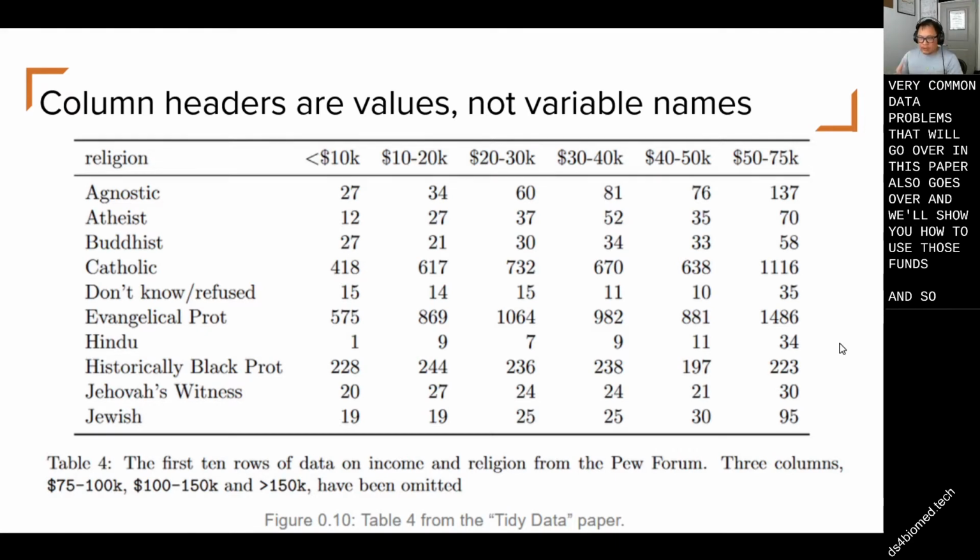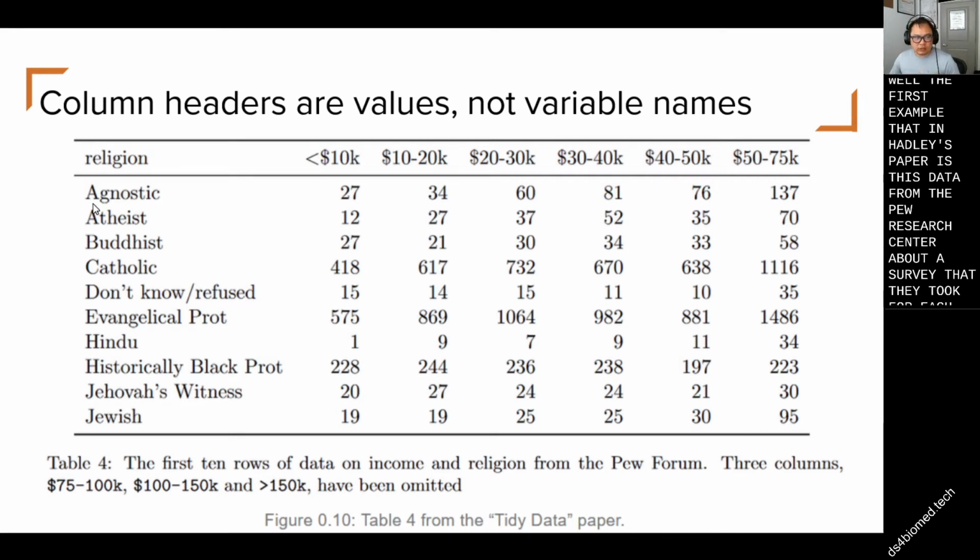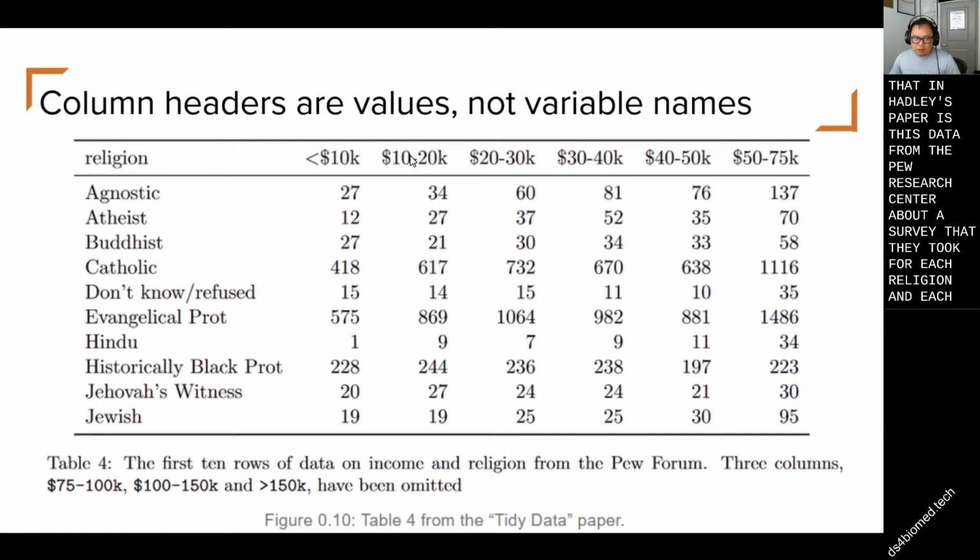And so in the paper, and we'll actually do this in our code as well, the first example in Hadley's paper is this data from the Pew Research Center about a survey that they took for each religion and each income bracket, like how many people fit into those two categories. And you can see this is a very space efficient view of our data, right? You can fit in a lot of information on a single sheet of paper.